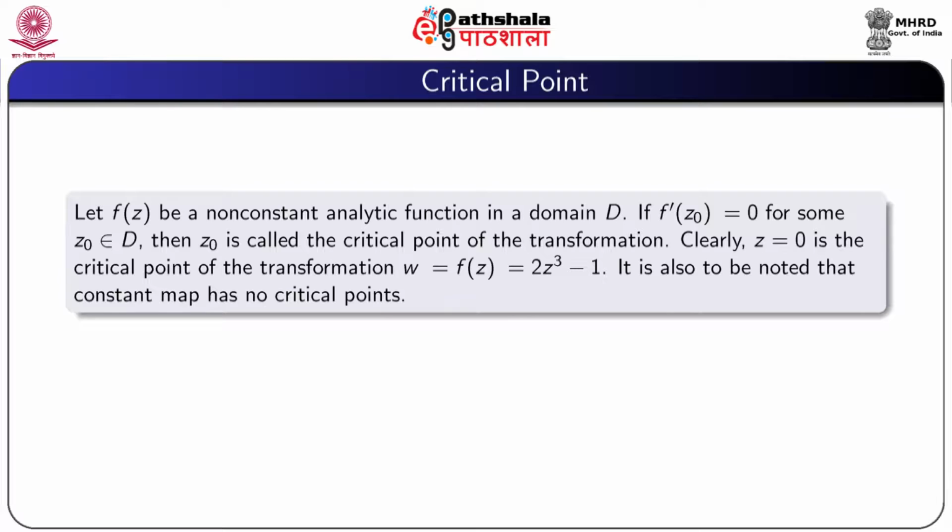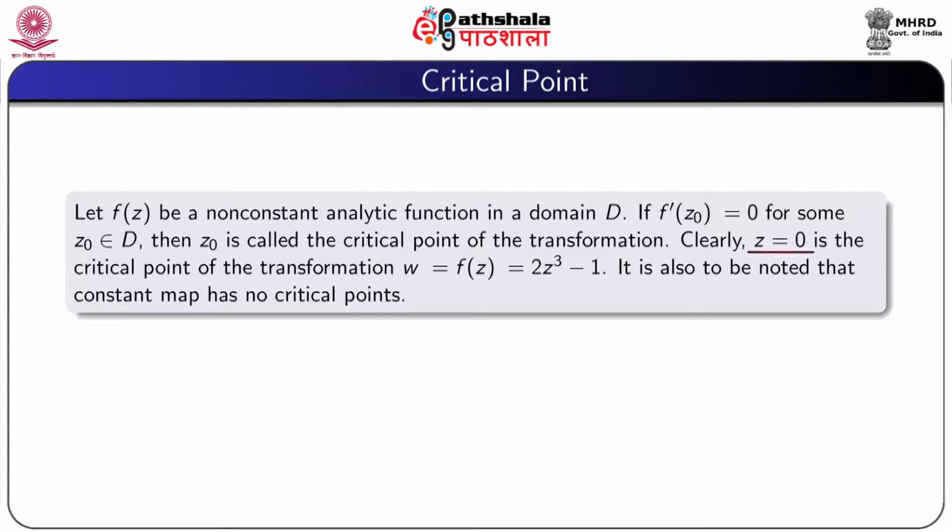Now we define a critical point. Let f(z) be a non-constant analytic function in a domain D. If the first derivative of f at z0 equals 0 for some z0 belonging to D, then the point z0 is called a critical point of that transformation.